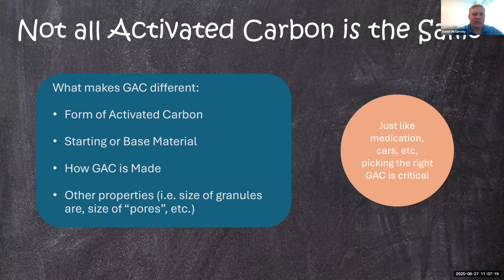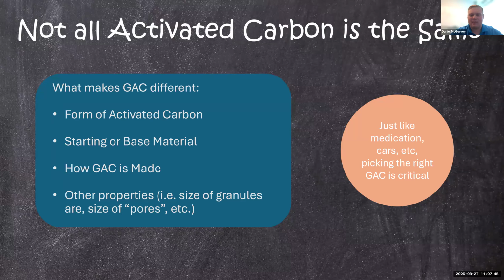So not all activated carbon is the same. There are a few different things that can make granular activated carbon different, or activated carbon in general different. The first is forms of activated carbon. It can come in a few different forms. There's starting or base material. As I mentioned, coal, coconut, wood, peat, things like that all have their differences. There's also differences in how the GAC is actually made and manufactured.